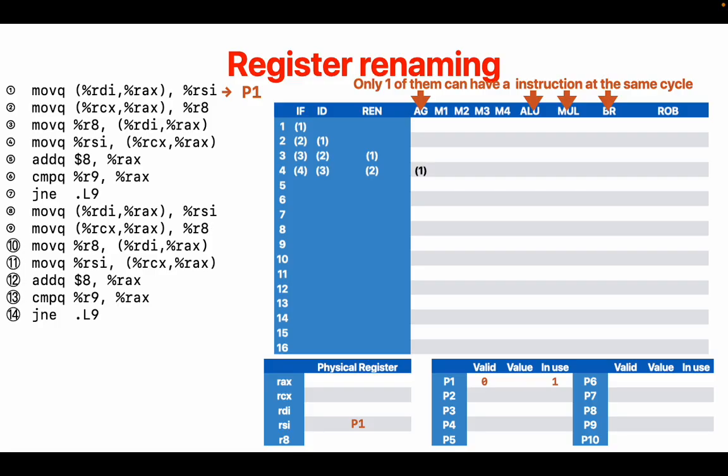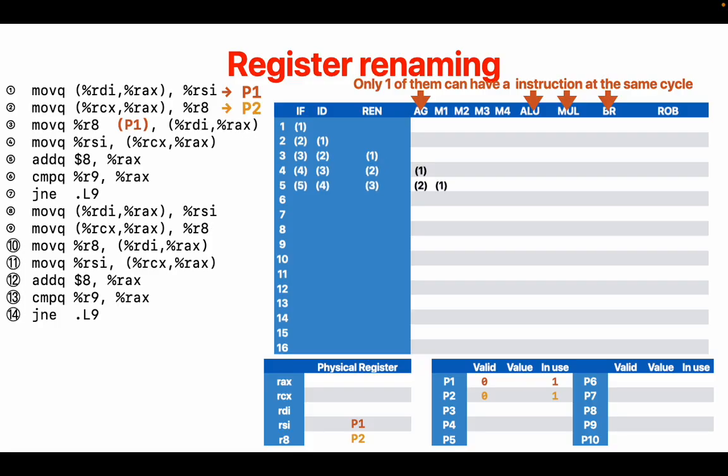Now, at the next cycle, since there's no data dependency, I can move instruction 1 out from address generation. So in that perspective, which instruction can I put into execution? Can I put instruction 2 from renaming to execution? And which target functional unit?